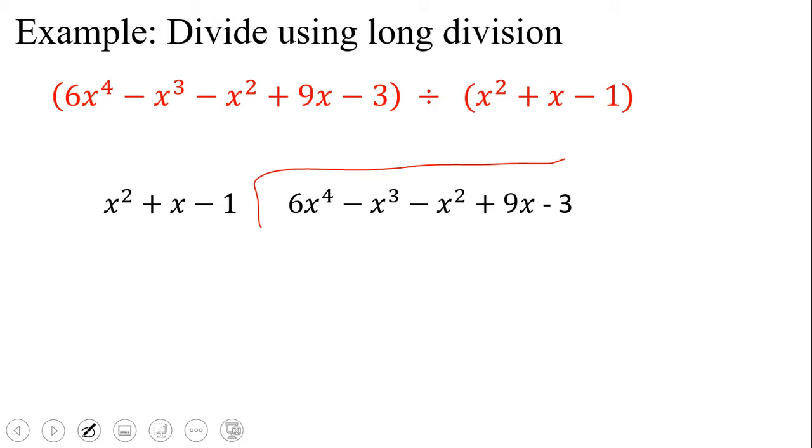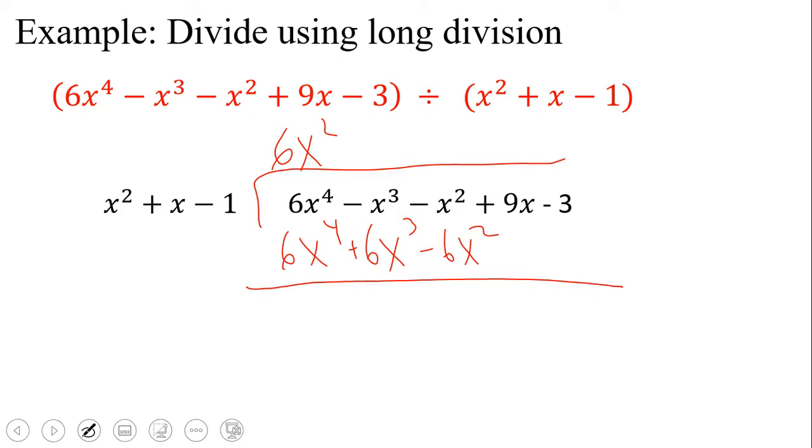Remember, when you do these, you're always doing first into first. So x squared times what would give you 6x to the fourth? That would be 6x squared. Multiply that 6x squared times everybody in the divisor. So that would give you 6x to the fourth plus 6x cubed minus 6x squared.